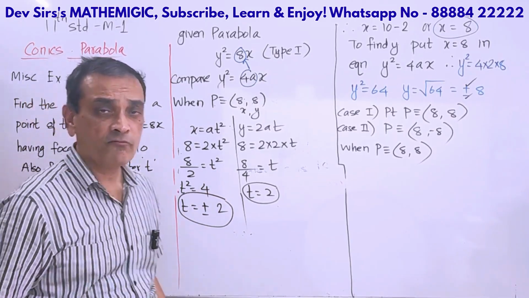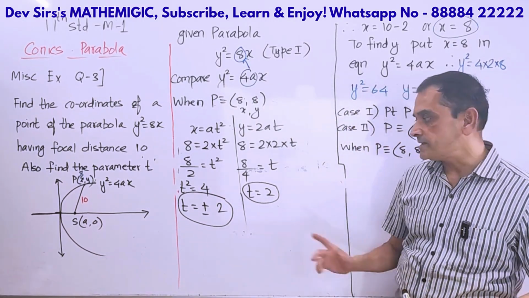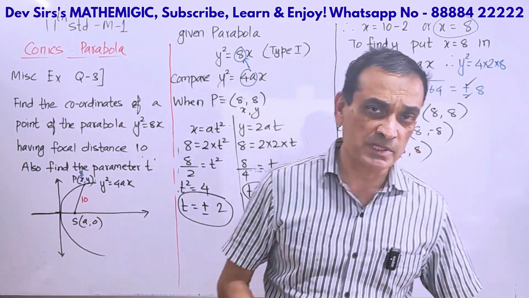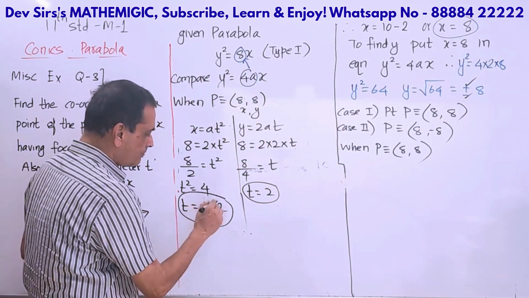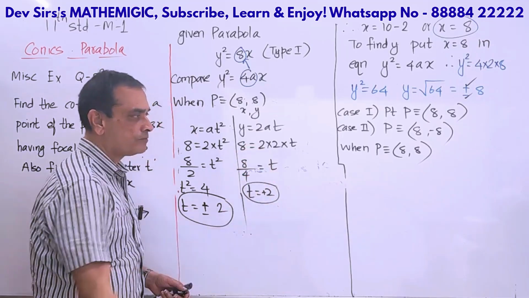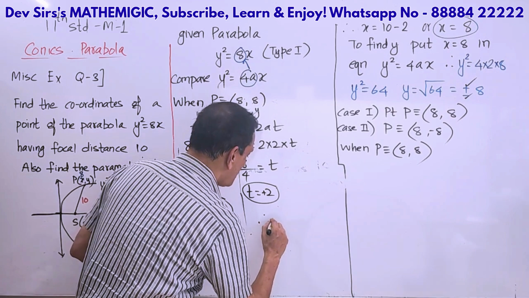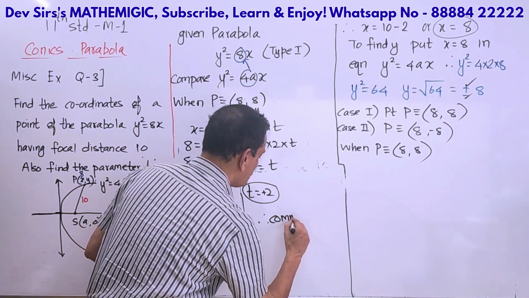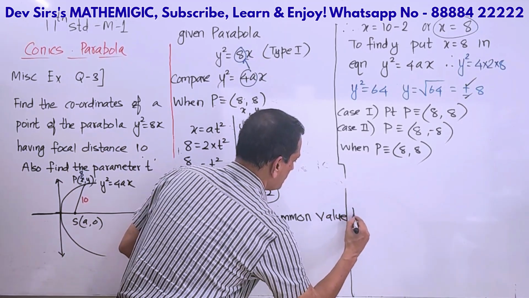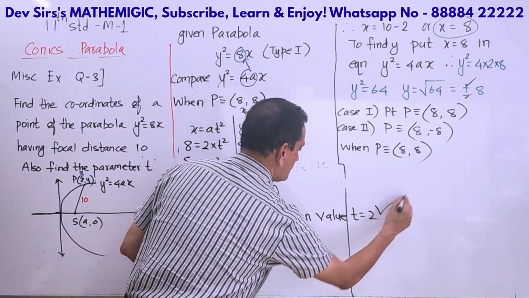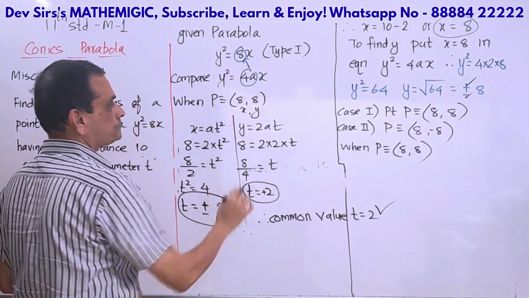So which answer do we select? We select that answer where the sign is common on both sides. The LHS answer and the RHS answer should be the same. So here I am getting plus 2. Here also I am getting plus 2. So in this case, the answer is the common answer. This parameter is for this particular point.